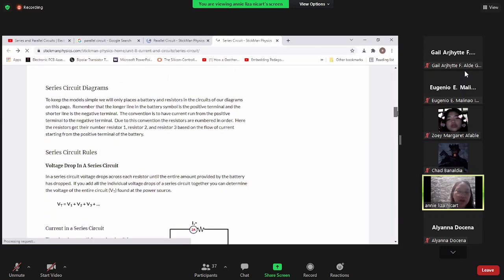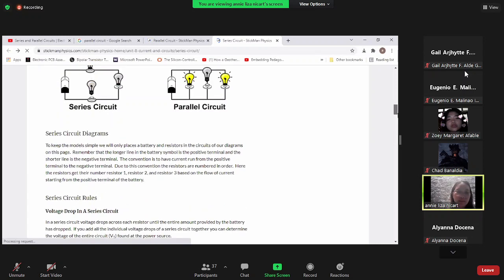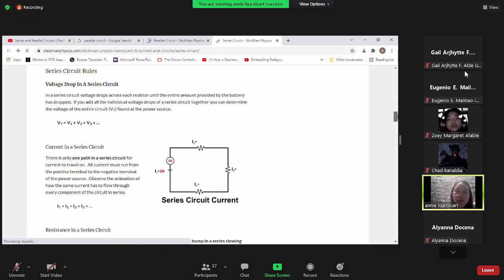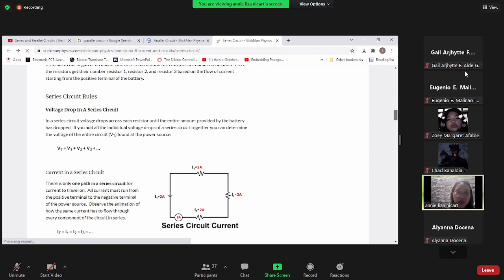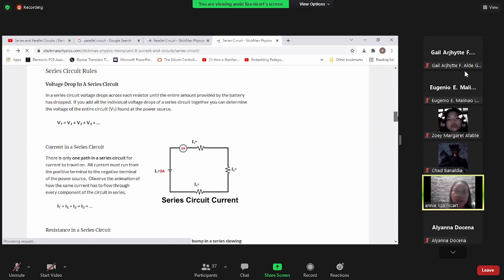Okay, so in series, the voltage supplied by the source is shared by the loads.